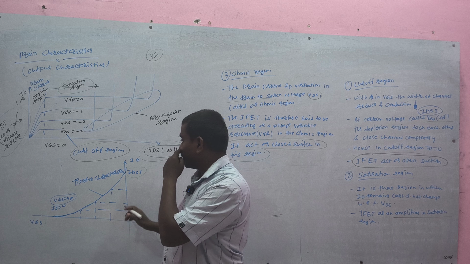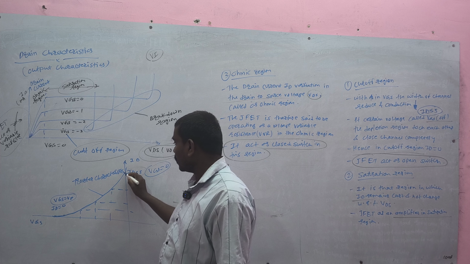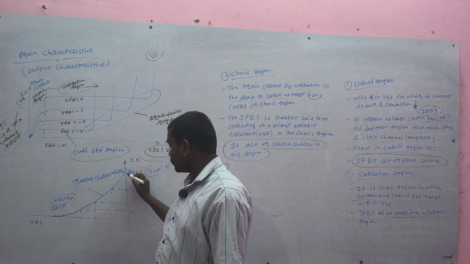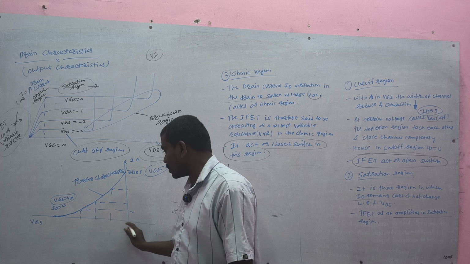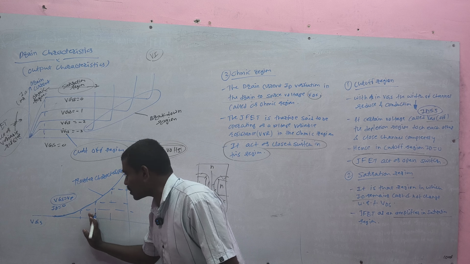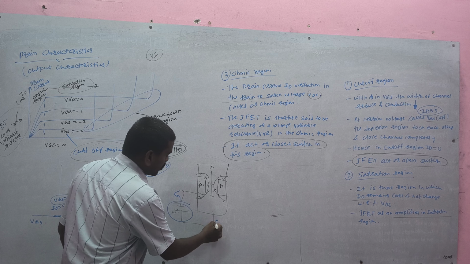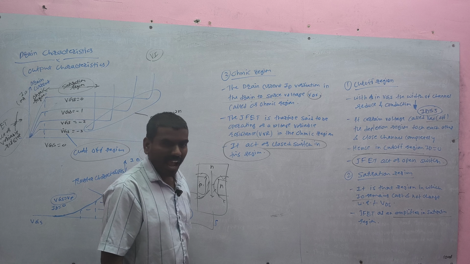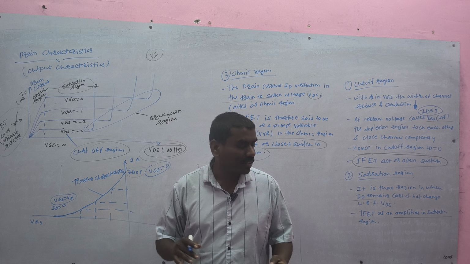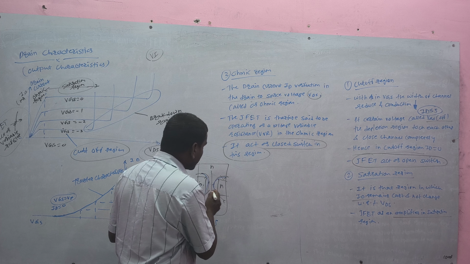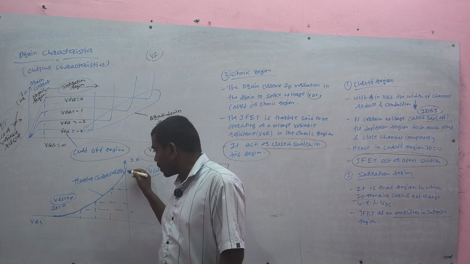So where VGS is equal to 0, what happens? As VGS, the gate to source voltage, increases, the depletion region increases and the channel reduces, and as the channel reduces, the current is also reduced.